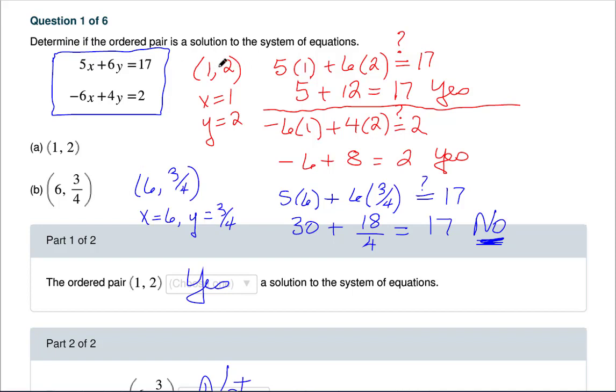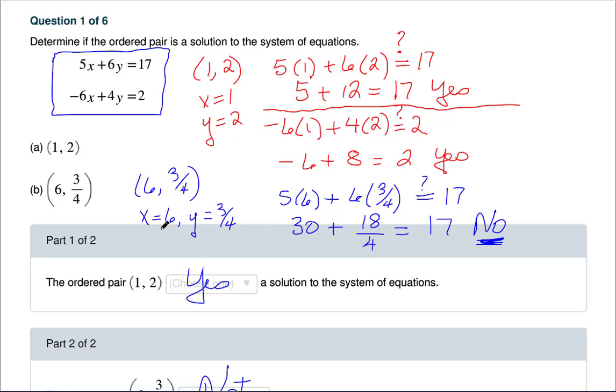Well, let's see. 1, 2: x is 1, y is 2. Plug it in. 5 plus 12 is 17. Yeah, 17 is equal to 17. What about the other one? Minus 6 times 1 plus 4 times 2. Well, that would be minus 6 plus 8, and is that 2? Yes. So, the first ordered pair is.